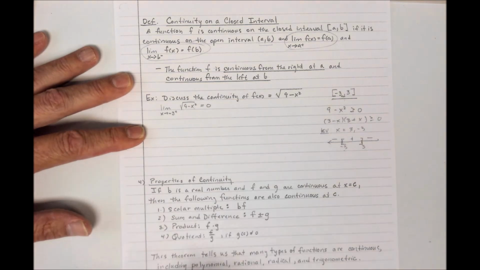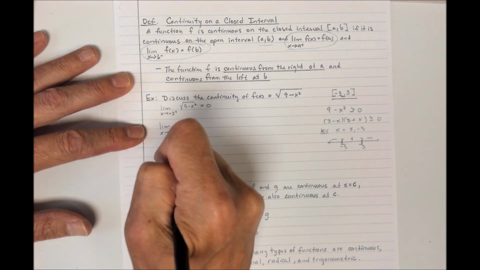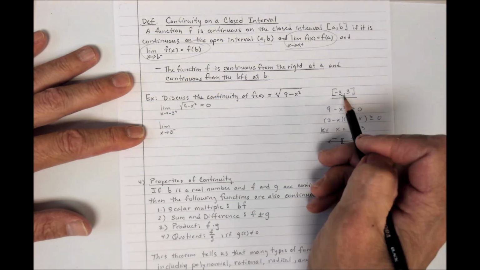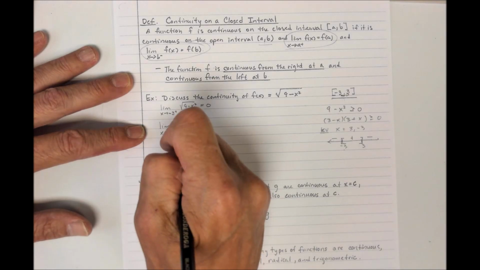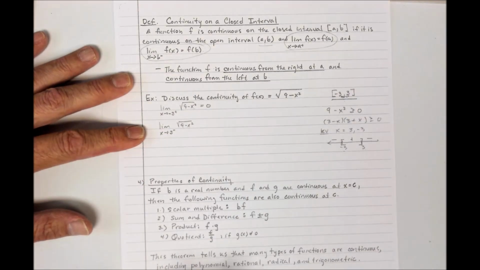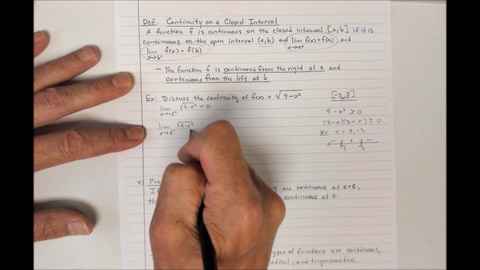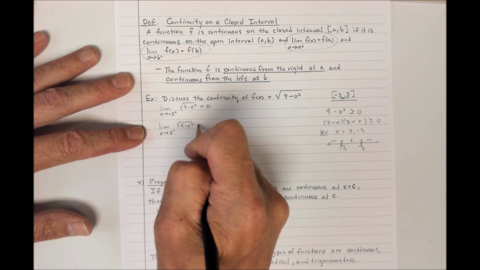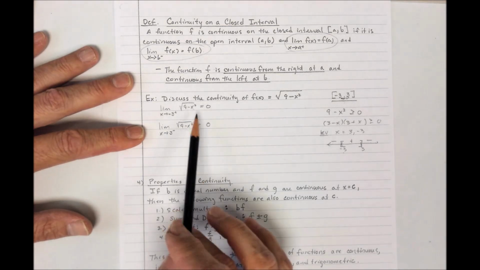It exists. And also, the limit as x approaches 3 from the left side, a little bit smaller than 3, of the square root of 9 minus x squared: 2.9, 2.99, 2.99999. Well, those values come in here, get squared, and are a little bit smaller than 9. So 9 minus 9, I get the square root of values going to 0. It's equal to 0. So I have continuity on the right.